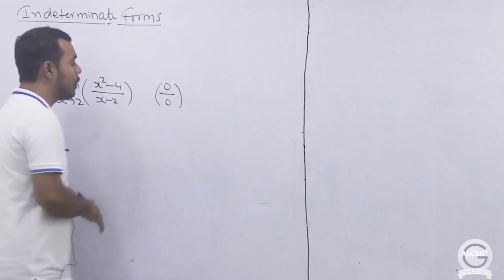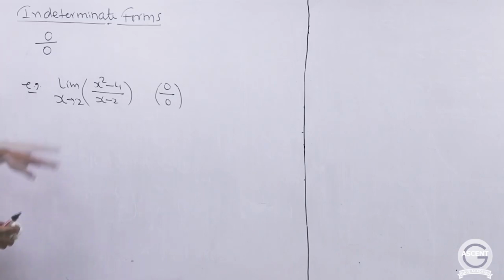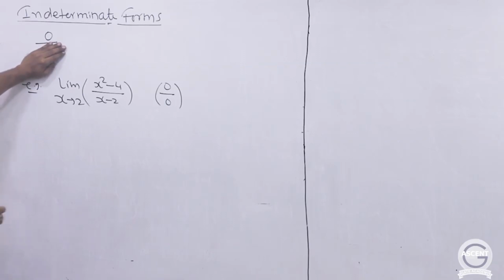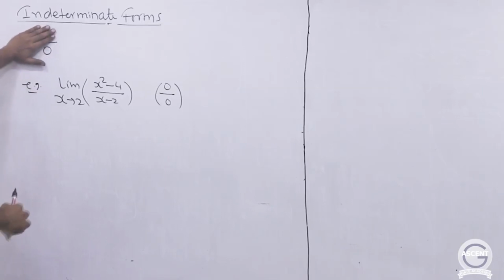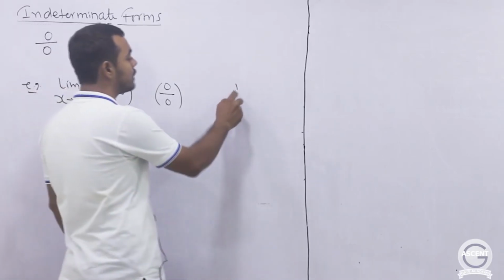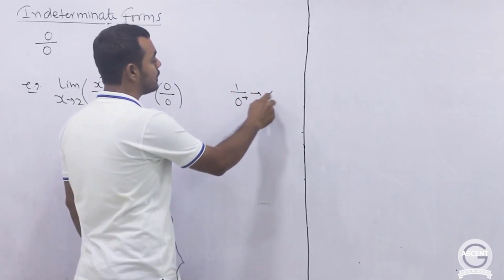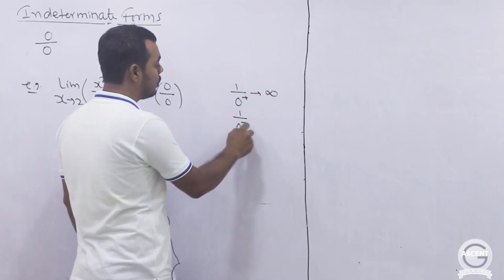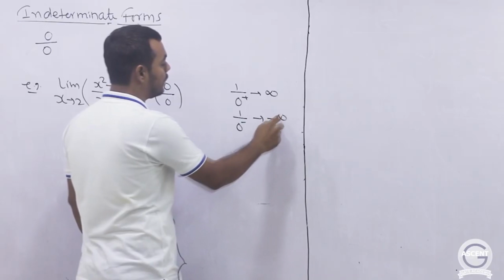And why am I calling this an indeterminate form? Because if you see the numerator only, then whatever be the denominator, the value of this fraction should be 0, right? If the numerator is 0, then this should be 0. But if you look at the denominator, then whatever be the value of the numerator, this should be plus or minus infinity, okay? Because 1 by 0 plus was plus infinity, and 1 by 0 minus was minus infinity.